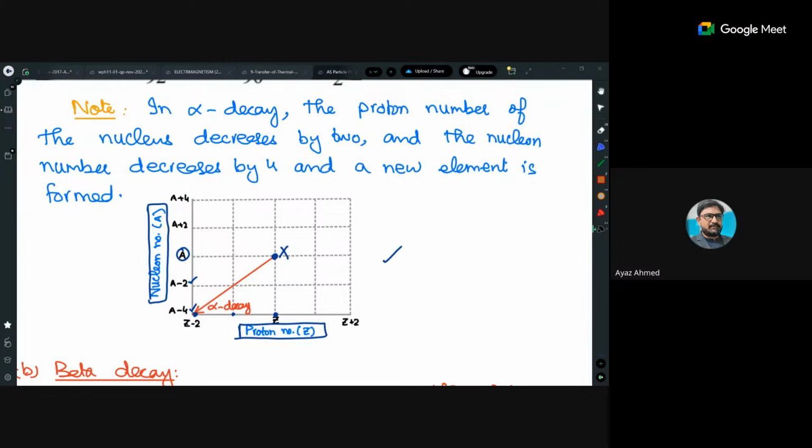In the grid, A is decreased by 4, and on the y-axis there is A and on the x-axis there is Z, which will be decreased by 2. So diagonally, the position would move towards left down. Got it? Towards left down.